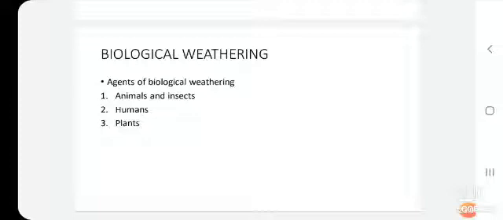Then how are the plants affecting the biological weathering? They are one of the agents of biological weathering. How? Children, the long roots of the plants grow in between the rocks and cause physical weathering due to the pressure.